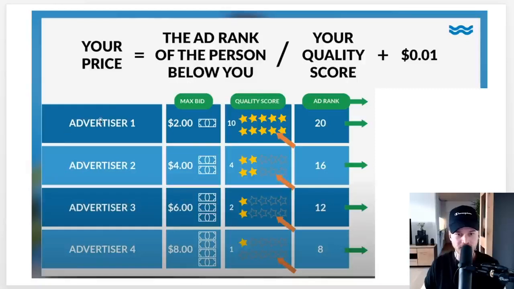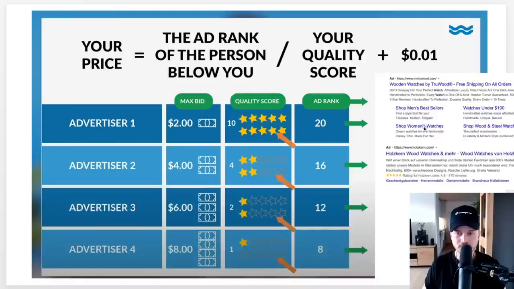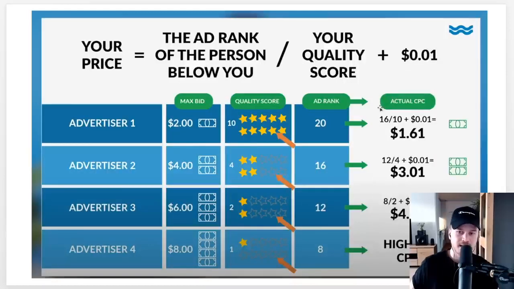So for advertiser number 1, it would be 16, because this is the ad rank of the person below advertiser number 1, divided by the quality score of advertiser number 1, which is 10, and then plus 1 cent. And that will be $1.61. So every click you will pay $1.61.